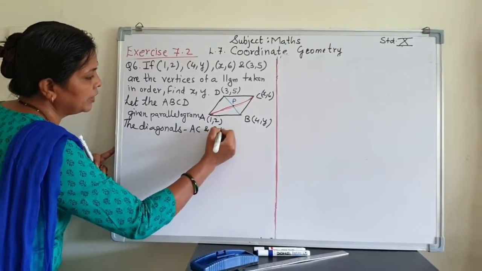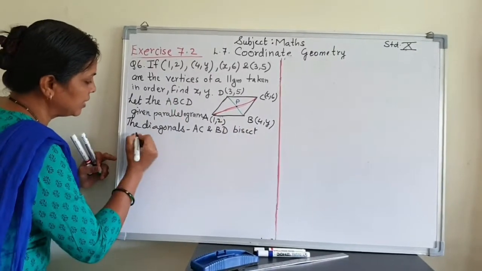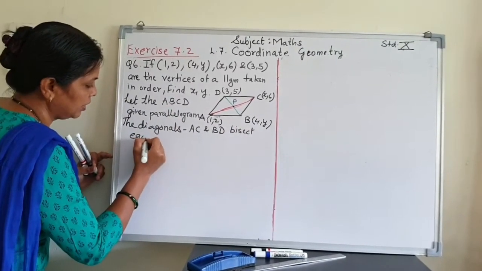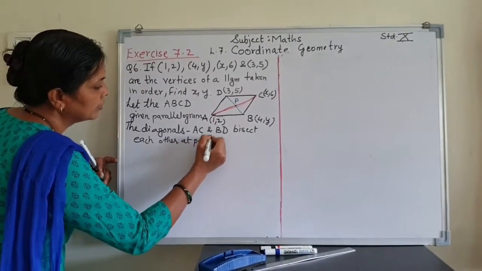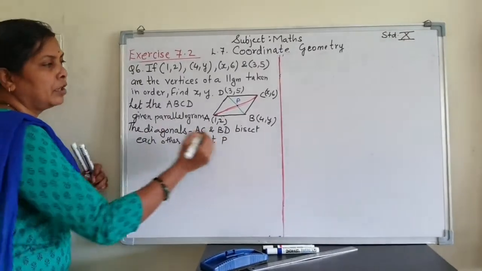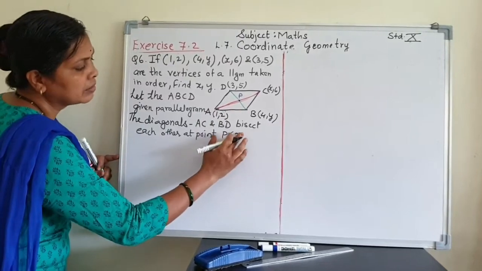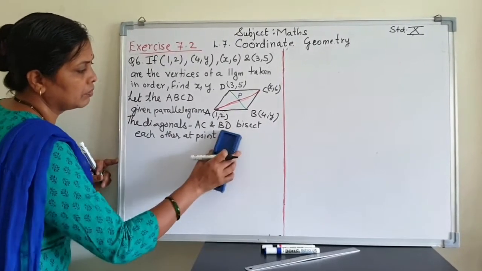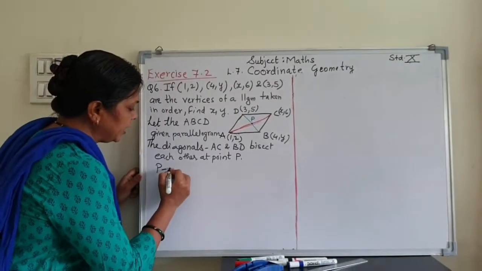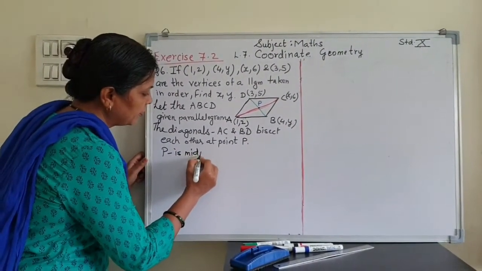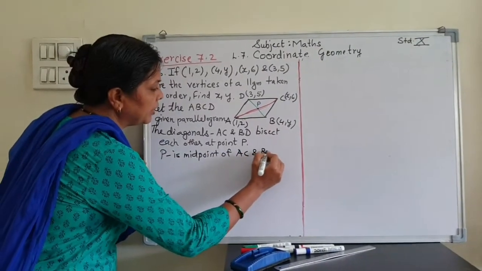AC and BD bisect each other at point P. Now we don't know the coordinates of point P, so we are writing only point P. So we can say here that P is the midpoint of AC and BD.